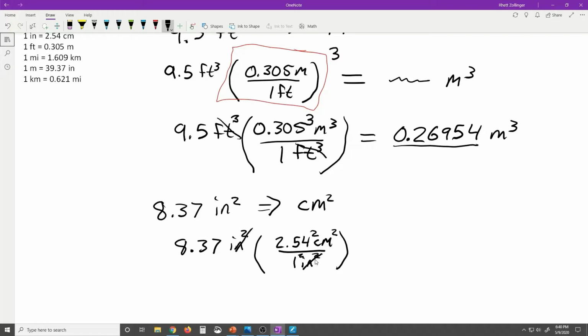So now inches squared and inches squared cancels out. So I'm left with 8.37 times 2.54 squared centimeters squared. You can plug that into a calculator and figure out the answer for yourself.